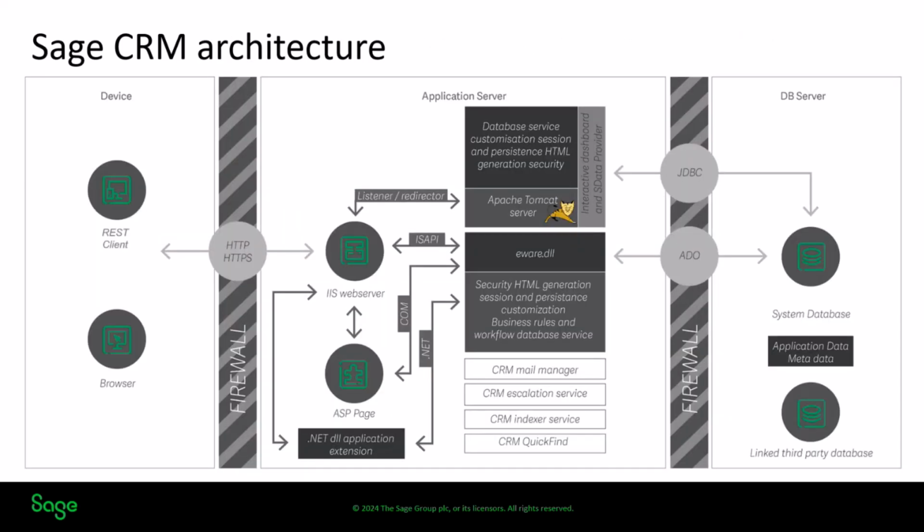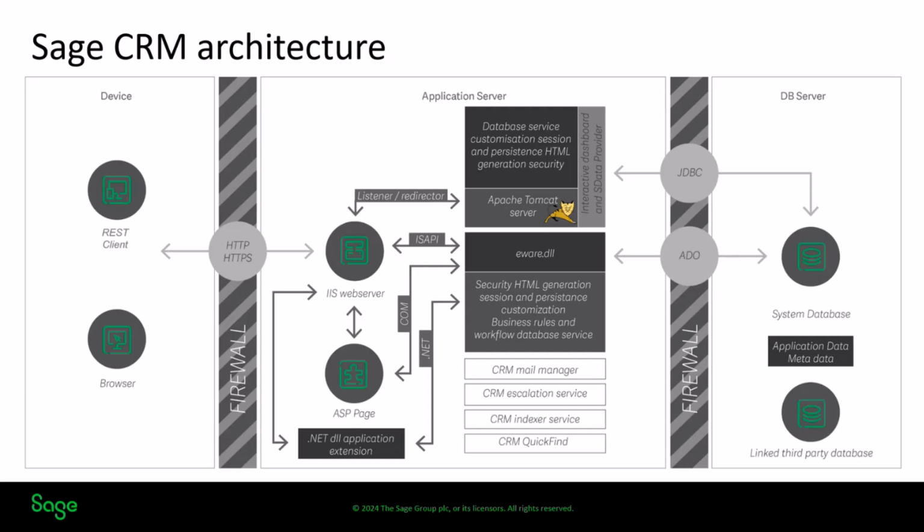Very different architecture, whether we're dealing with the REST API or with the SOAP API. The REST API is very much to do with the newer Java-based architecture. Its calls go into IIS and are redirected to Tomcat in order to fetch the data or to perform the data tasks that we want.